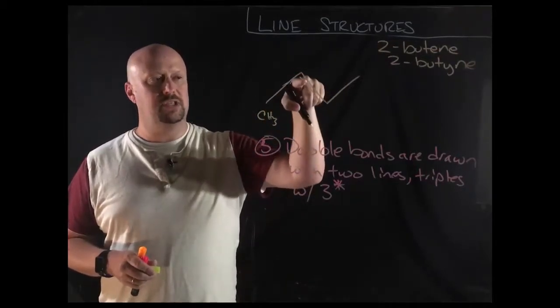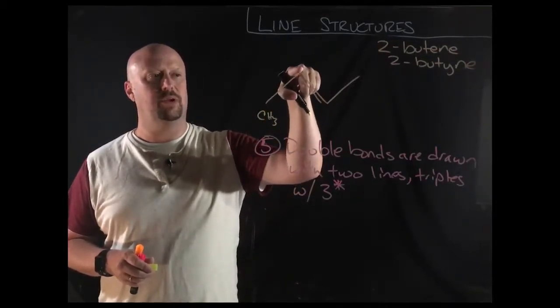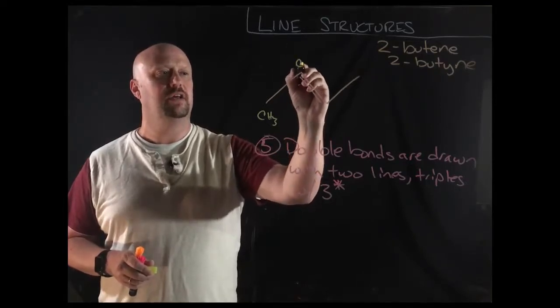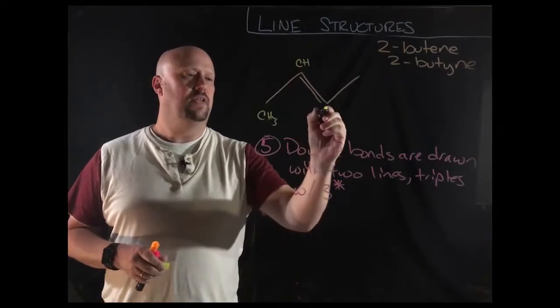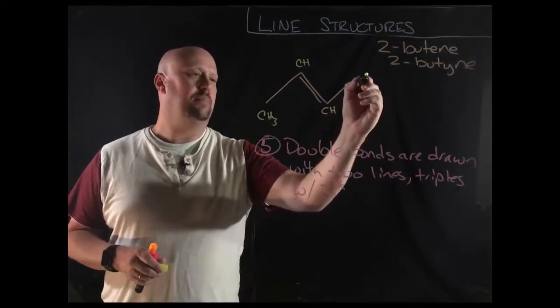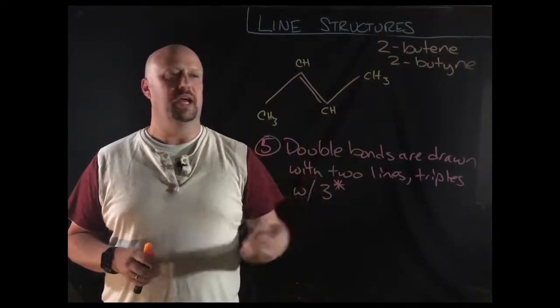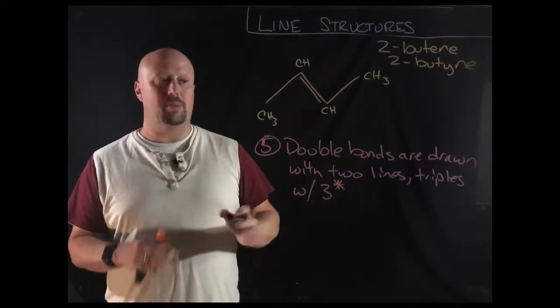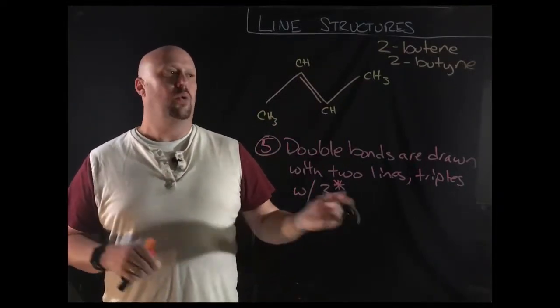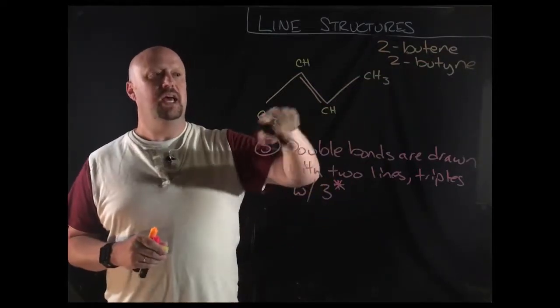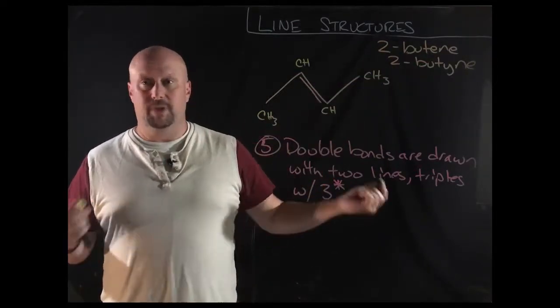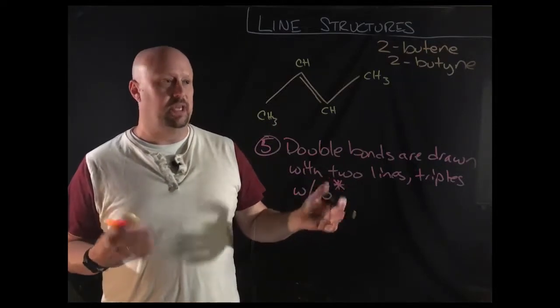Since there's 2 bonds here and 1 here, this carbon only needs 1 more hydrogen. So that becomes a CH. That also becomes a CH, and that becomes a CH3. Now all that stuff in yellow, I wouldn't draw on my line structure, but I wanted you to see where all of that came from. That would tell me that my formula for 2-butene is C4H8. That's the molecular formula that I would get for it.